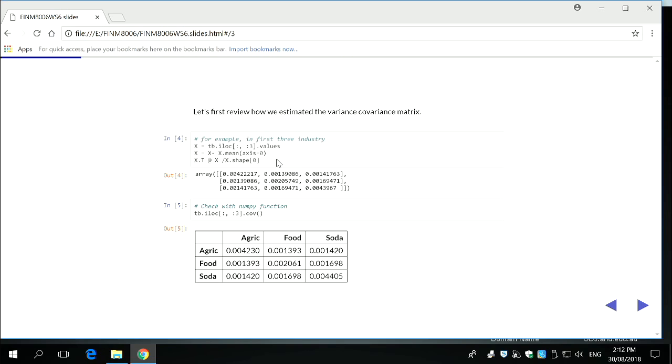As you can see here, we can derive it using matrix algebra. You can also check with the NumPy covariance function.